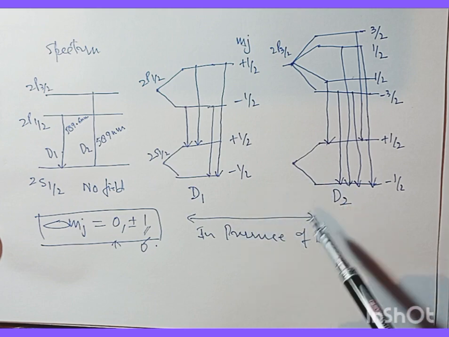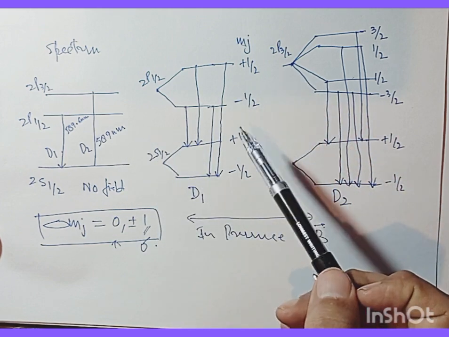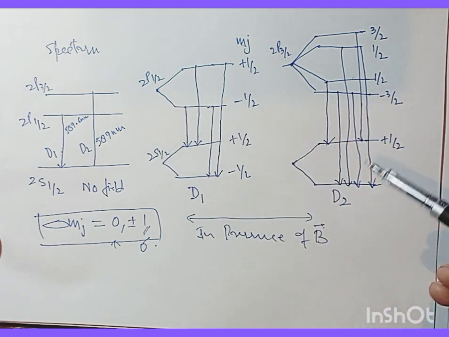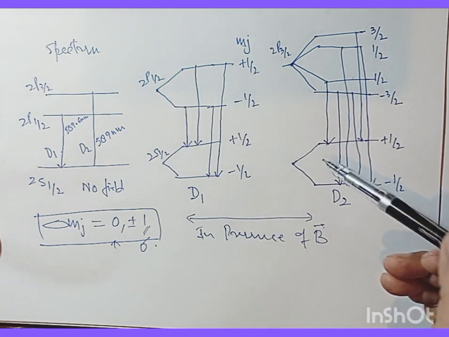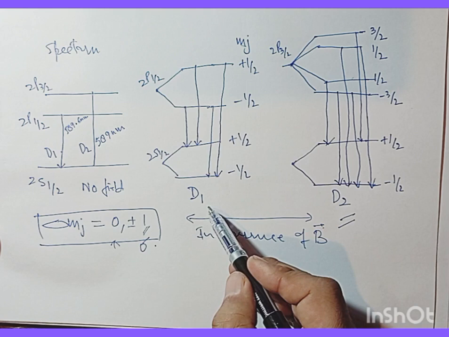What we finally see here is the splitting, and this splitting is purely explained quantum mechanically, where we have the transitions. These transitions have been defined here for the D2 line, and these are defined here for the D1 line.